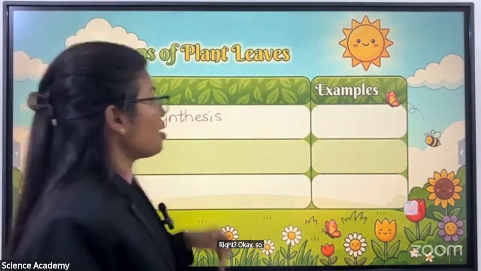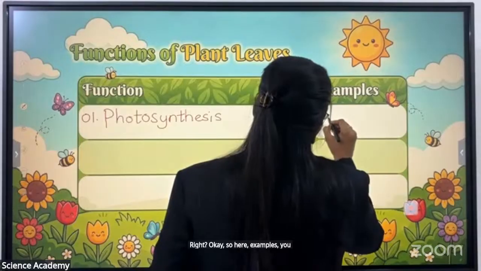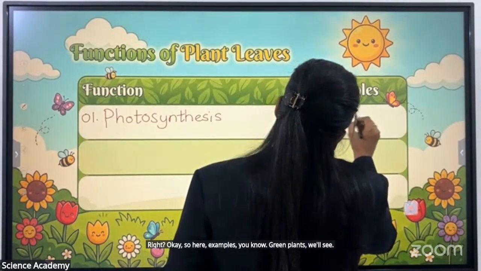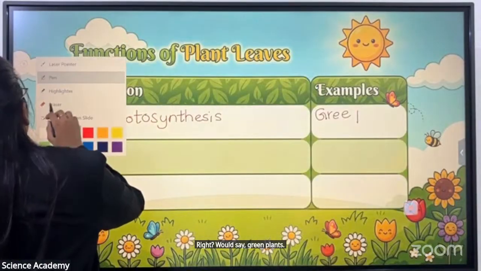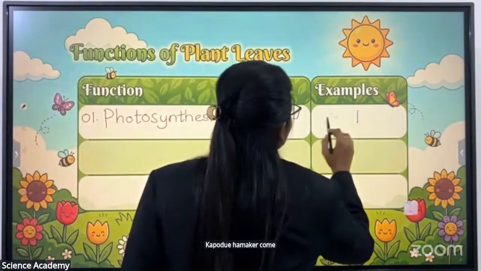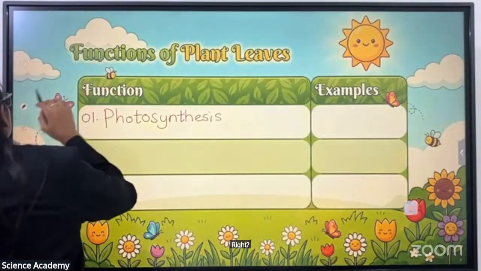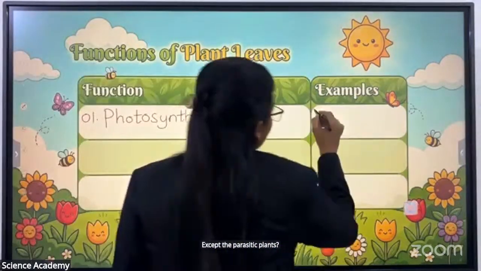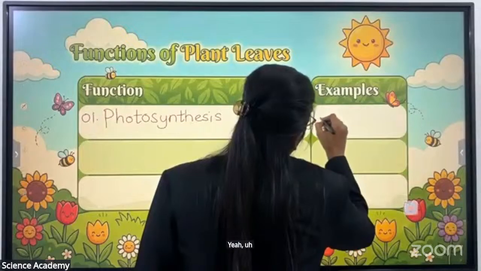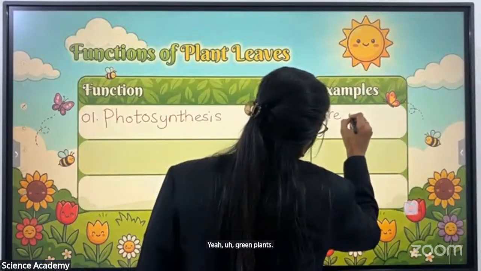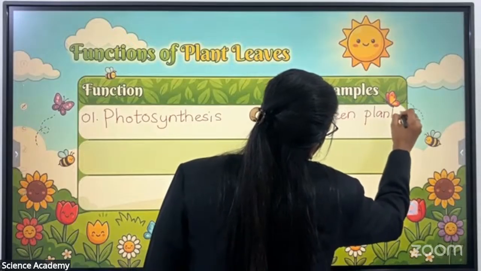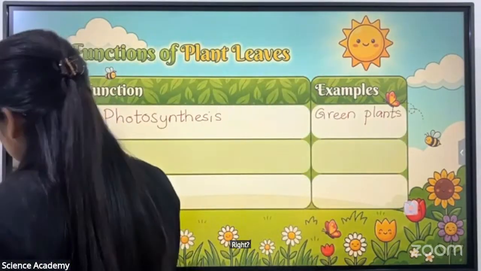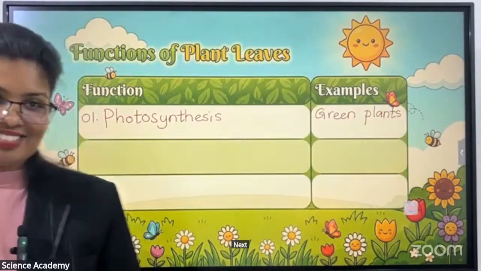Okay, so here the examples: green plants, right? Except parasitic plants. Here, green plants. Okay. So children, next one.